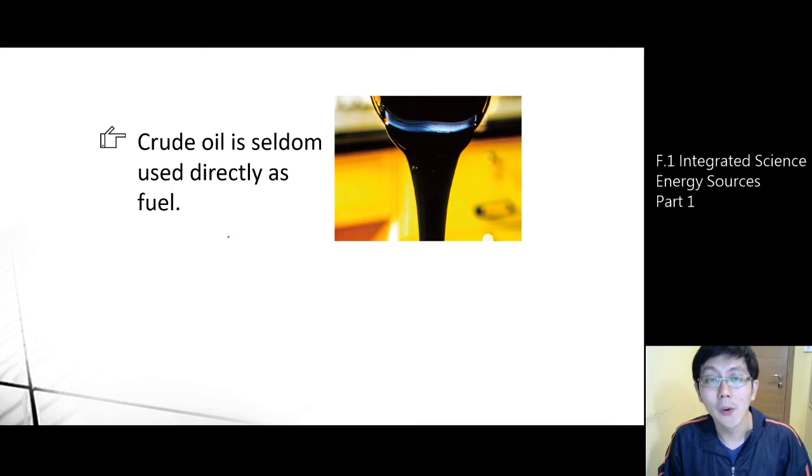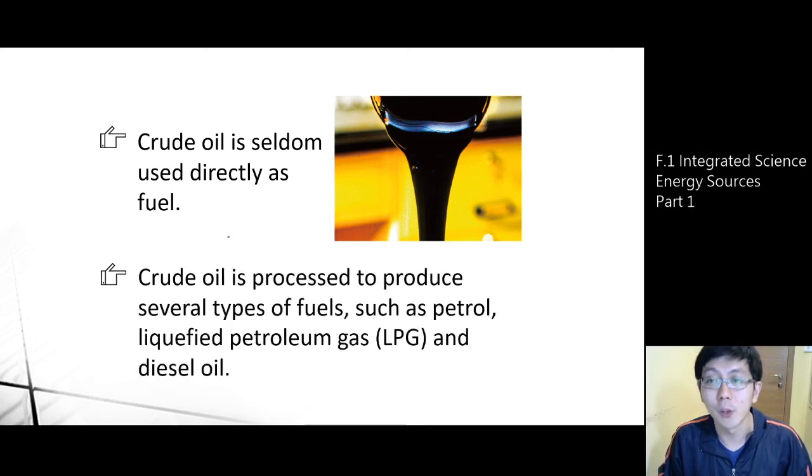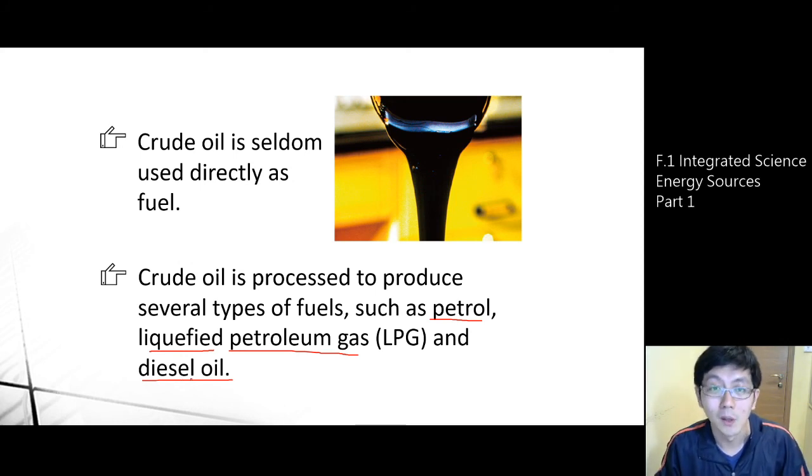So crude oil actually is seldom used as a fuel directly. We need to refine it to produce different kinds of fuel. So such as petrol, 汽油，揸車汽車會上嘅 petrol, liquefied petroleum gas usually for cooking, and also diesel oil for heavy vehicles such as trolleys and shuttle buses. 旅遊巴、貨車啲大車通常就用柴油。Diesel oil.